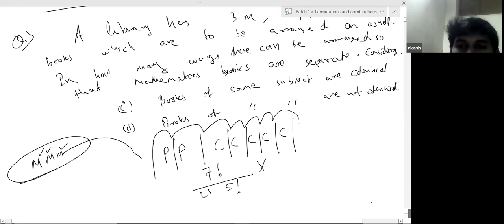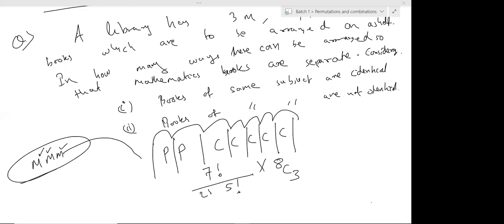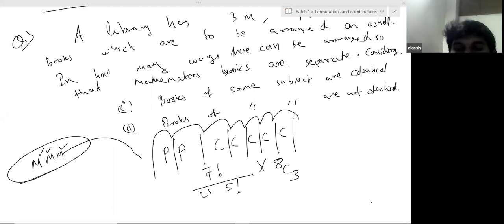So I can put this in any 3 gaps out of these 8 gaps. So 8C3. Is it clear? Yes. Okay. Gautam, Ashma, Abdul, Arsalan.